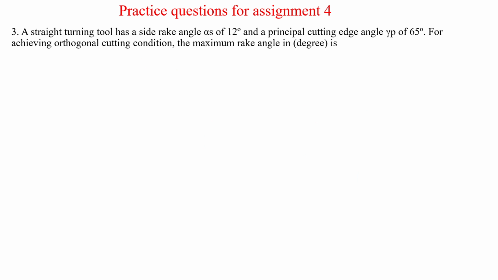Now we'll go to third question. A straight turning tool has a side rake angle. Side rake angle, alpha S, is 12 degrees, and the principal cutting edge angle, gamma P, is 65 degrees. For achieving orthogonal cutting, find the maximum rake angle. You know the formula for maximum rake angle? Alpha max, I have taught in the first class.